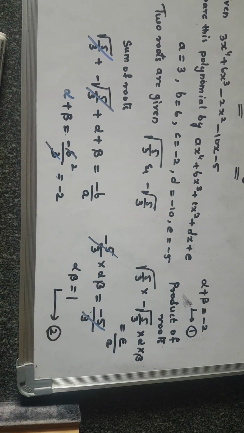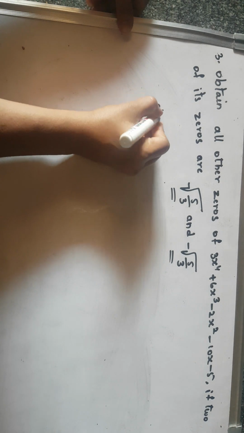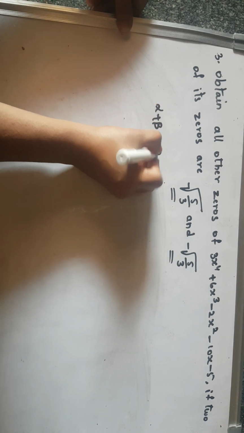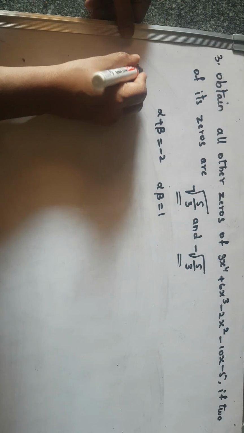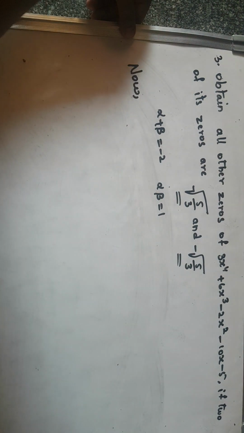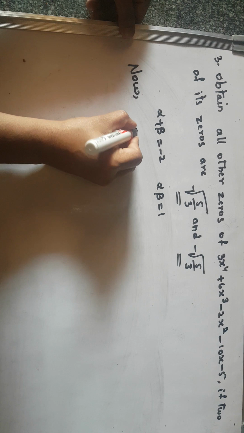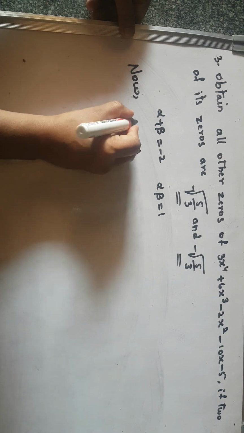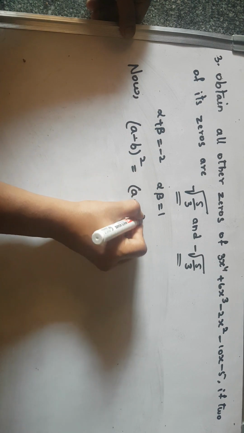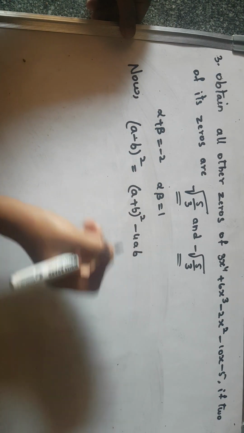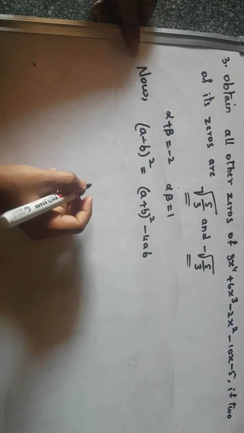Now continue. Now what we got? Alpha plus beta equals to minus 2. Alpha into beta equals to 1. Now we have the formula. Previous lessons we have learned: a minus b whole square equals to a plus b whole square minus 4ab. We have learned this formula.